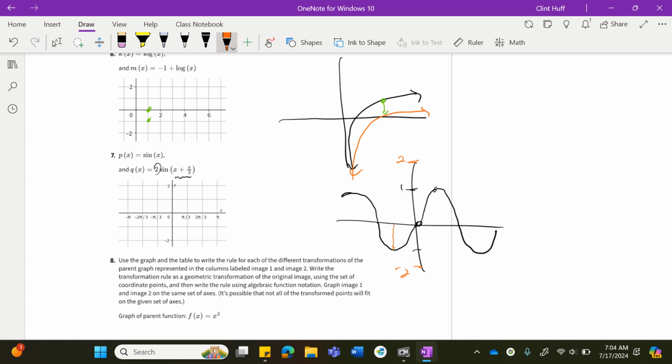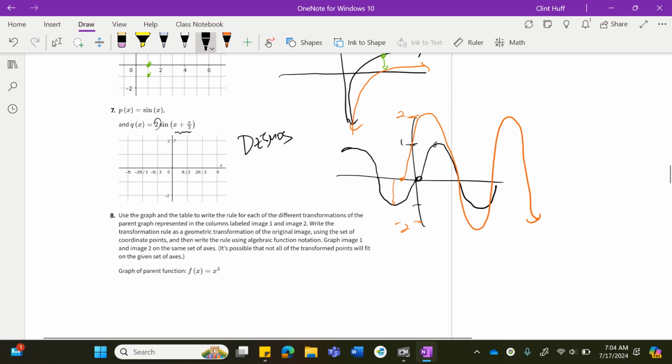This is negative pi over 2 right here. So it starts, pi over 3 is a little bit smaller, so it's kind of in here. And it's going to reach up to the 2, down to the -2, back up to the 2, down to the -2. Again, as in most of the videos that I've been doing, I would suggest checking all of these on Desmos.